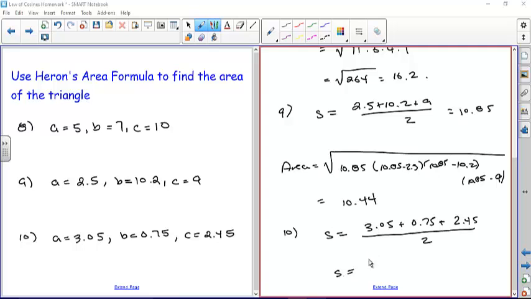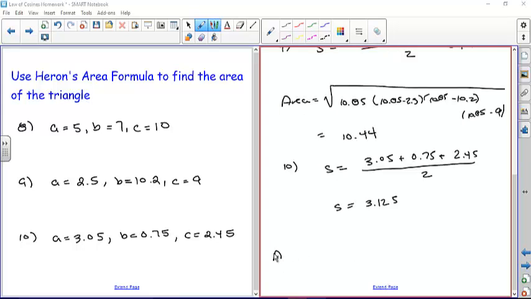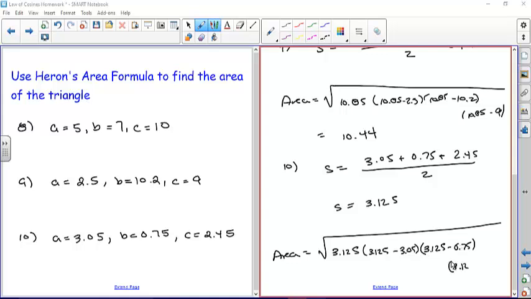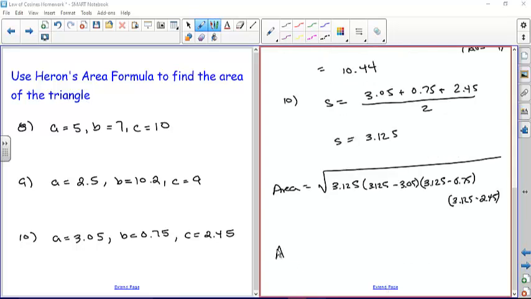So we get 3.125, and the area is equal to the square root of 3.125 times 3.125 minus 3.05, 3.125 minus 0.75, and 3.125 minus 2.54.